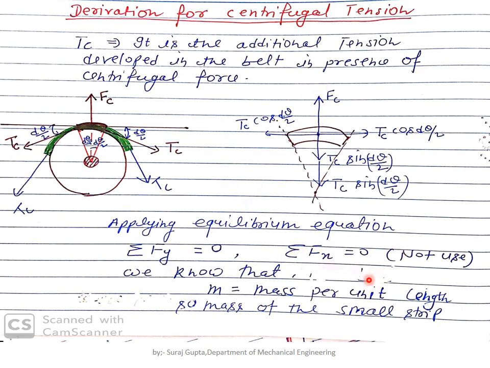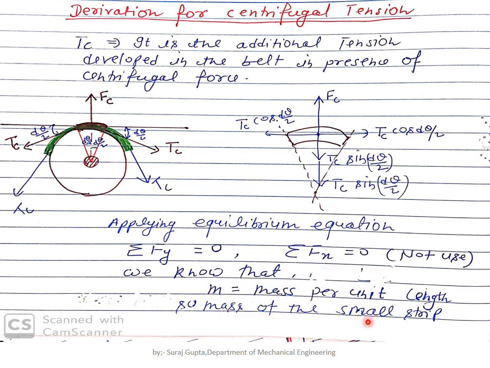So the cancelled out forces are not in use, and this will be used. But before that we have to know that m here is not a mass, it is a mass per unit length.